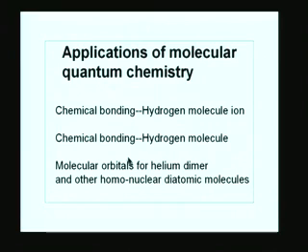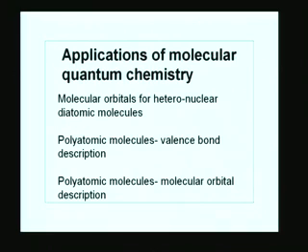The concept of molecular orbitals, as developed from these two, will be applied further to the study of other homonuclear diatomic molecules, that is diatomic molecules in which both the atoms are the same: helium dimer, lithium dimer, beryllium, and so on, to understand a little bit about the progression of these ideas.